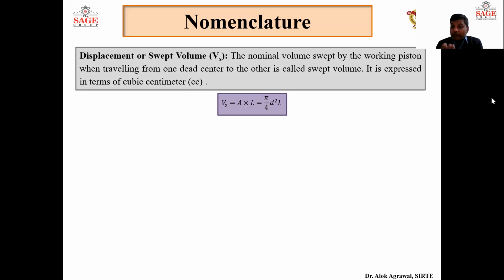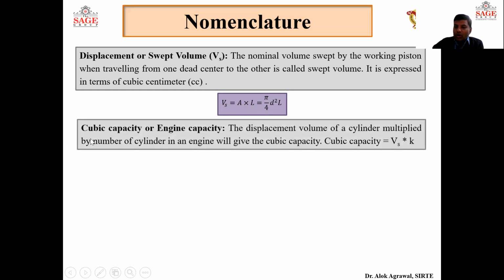So the volume swept by the piston when it moves from one dead center to another is called swept volume. We calculate it by multiplying the area of the piston by the stroke length. Area we know is pi by 4 d square, where d is the nominal diameter or bore diameter.